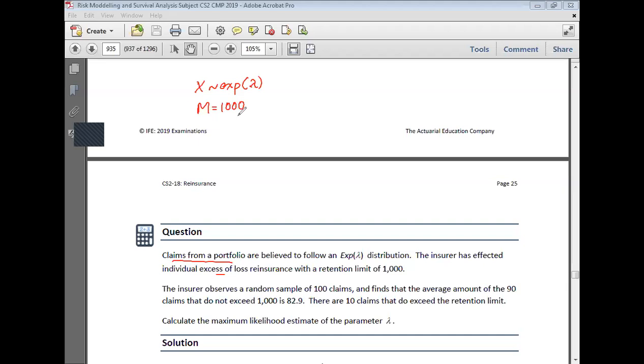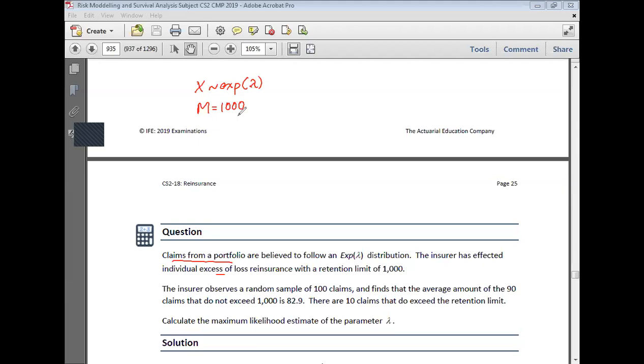So the average value, that is the expected value for that part, is 82.9. So how should I write it in terms of math and not words? Would be something like E of x or E of y is equal to 82.9. But not exactly. Think about it.